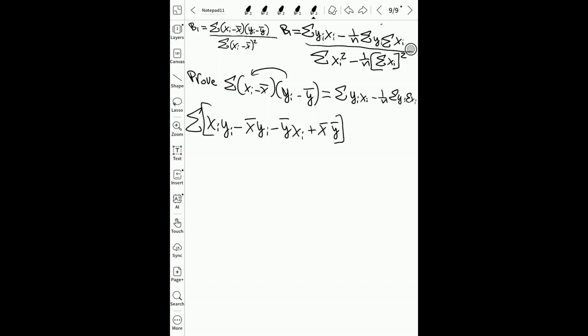And maybe this was clear to everybody, but I'll write down a really important identity that I've just been sort of throwing out. So x bar is equal to 1 over n sum of xi. That's what we mean when we say x bar.